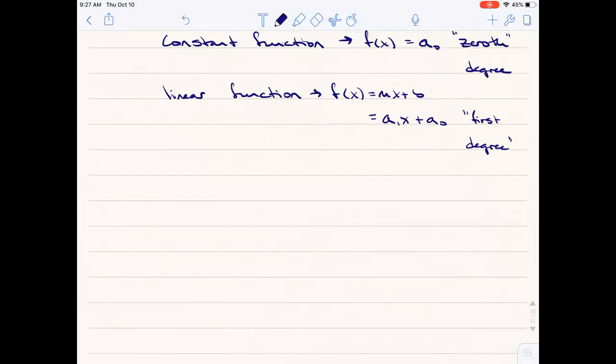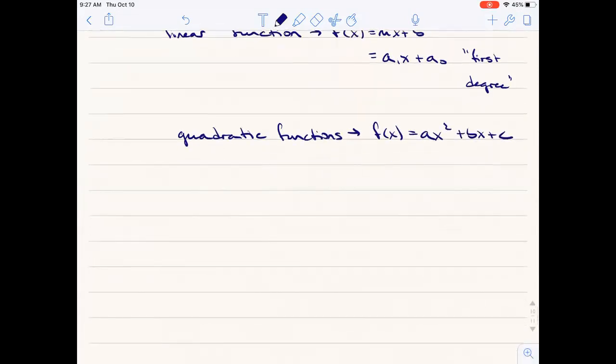And we looked at quadratic functions, which we can write as f of x equals, we've been writing them ax squared plus bx plus c, right? But we can rewrite that as f of x equals a sub 2x squared plus a sub 1x plus a sub 0.